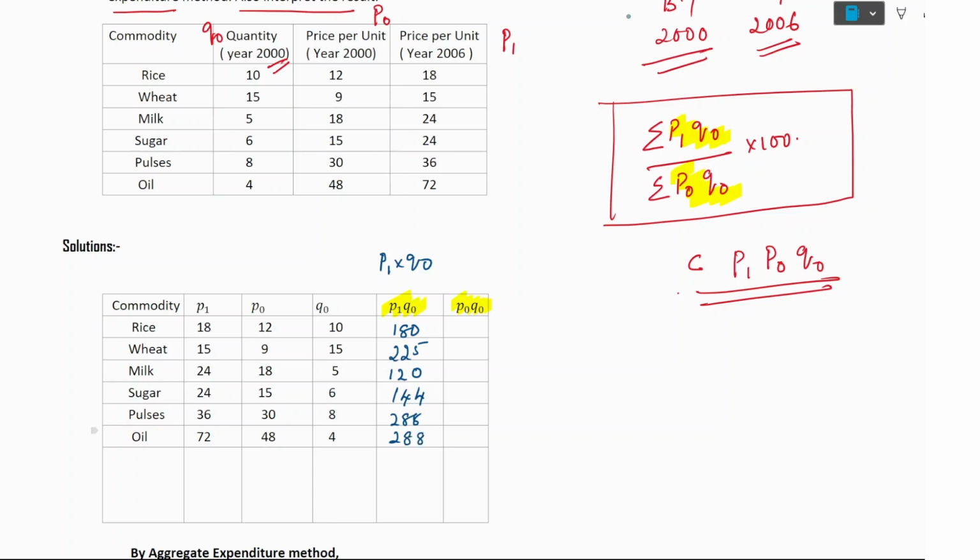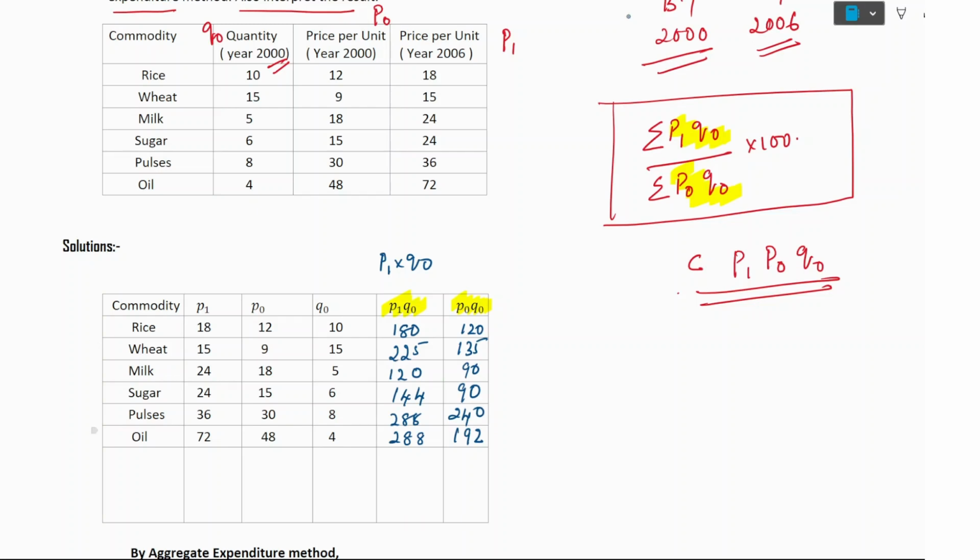That means this column is completed. Next P0 Q0, that means P0 multiplied with Q0: 12 into 10 is 120, 135, 90, again 90, 240 and 192.